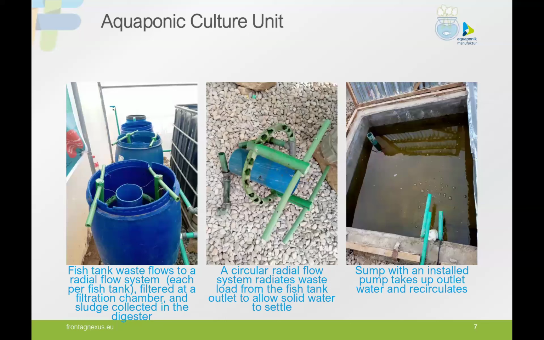Your own system. We try to use enough of the facilities that we can have within our locality, and then you can have the one that works with your system. So we also have a sump where the water flows and then redistributes. The sump is powered by a low energy consumption pump, because one of the major challenges to recirculatory aquaculture systems in Africa is the use of energy and the stability of the energy.